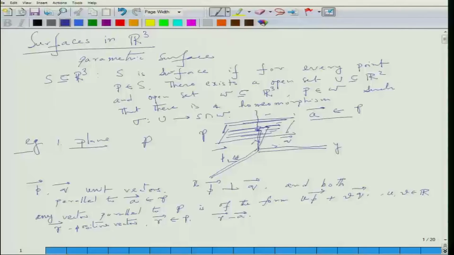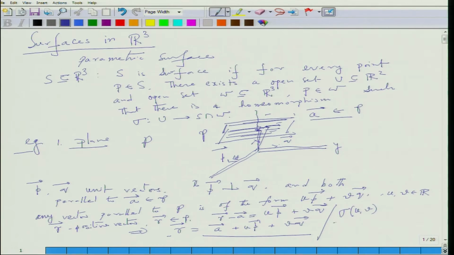So, R minus A will be of the form u P plus v Q, which implies R will be A plus u P plus v Q. So, R, a general vector in the plane, I have described as R equal to A plus u P plus v Q. So, fixing any P and Q, I can describe my sigma now: sigma(u, v) is equal to A plus u P plus v Q. So, this will describe my plane completely.